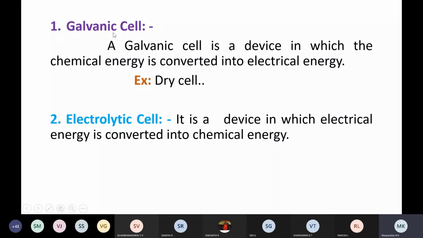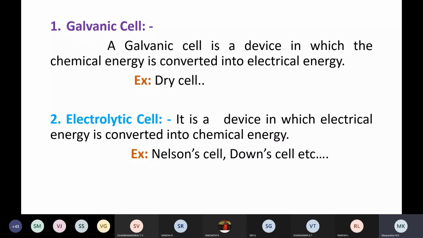Coming to the galvanic cell, a device having the ability to convert chemical energy into electrical energy is called a galvanic cell. For example, dry cell. Second, coming to the electrolytic cell, a device having the ability to convert electrical energy into chemical energy is called an electrolytic cell. For example, Nelson's cell and Downs cell. It's clear, electrochemical cells and types of electrochemical cells.